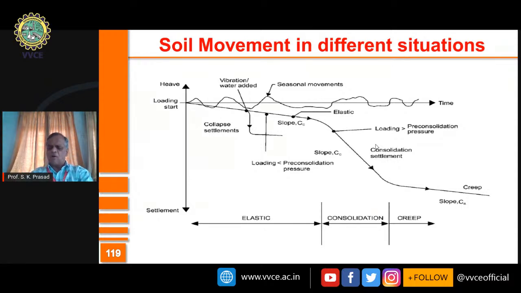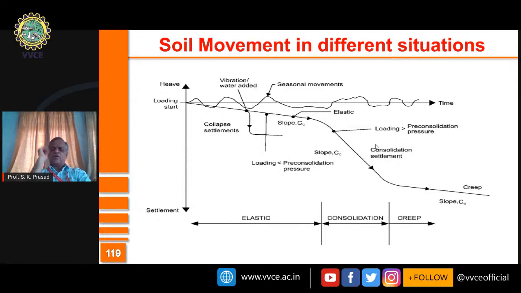Why will it happen? Because the ground is not rigid, it is flexible, and it is now stressed more because of the presence of the building, and hence the ground is likely to experience a volume reduction. You should know that this volume reduction can be divided into three different components.